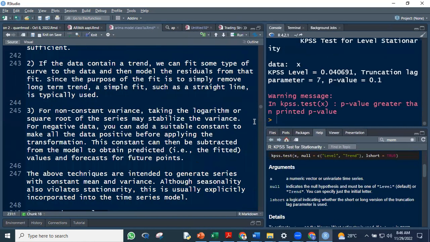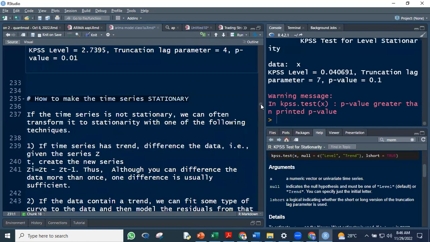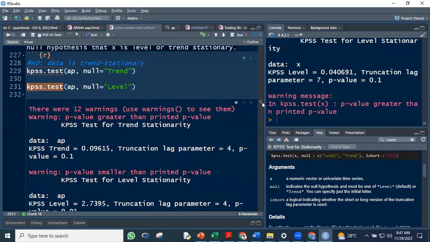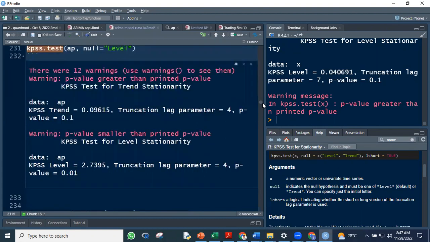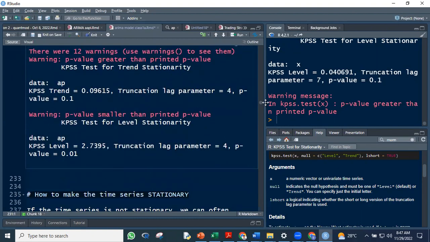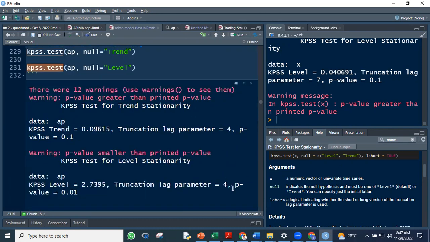Okay, so dito, si AP, no? So magkaiba, guys, yung trend stationary at saka yung level stationary.